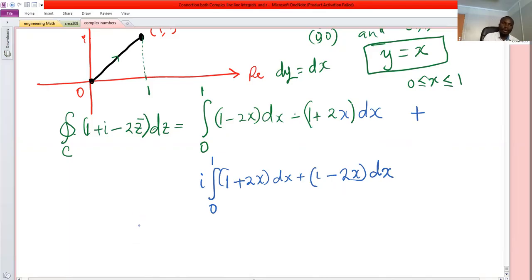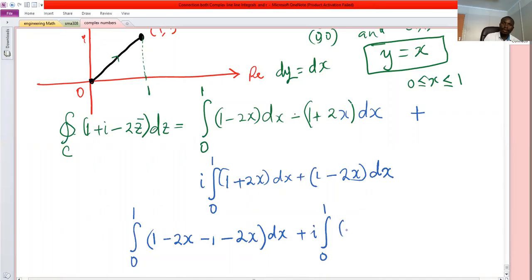So we'll have now the integral from 0 to 1 of 1 minus 2x minus 1 minus 2x dx, plus I, 0 to 1, 1 plus 2x plus 1 minus 2x dx.